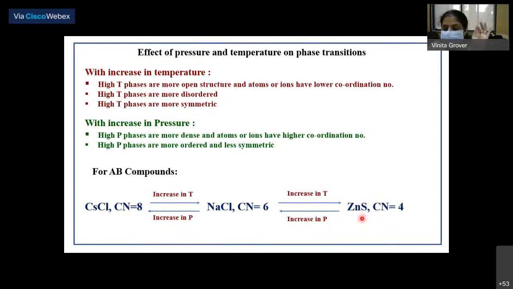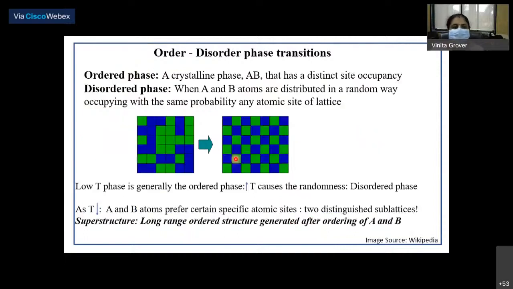ZnS4 polyhedra, Zn or S occupying tetrahedral voids. Conversely, on increasing the pressure, ZnS type structure goes to rock salt. On increasing pressure further, it goes to CsCl type. Okay. So these are basic guidelines that you have to remember as the effect of pressure and temperature on phase transitions. Okay, now let's come to order-disorder phase transitions.